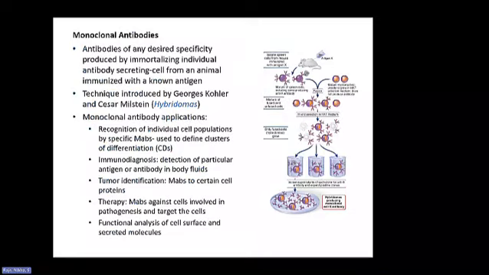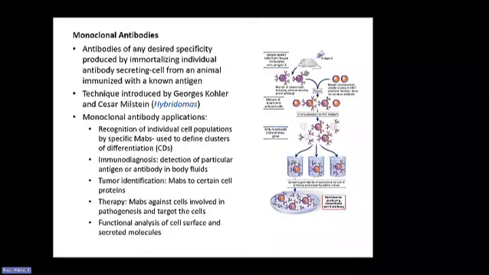Another important concept to understand is monoclonal antibodies. So antibodies of identical structure and the same specificity are called monoclonal antibodies. How are these produced? So we knew that the antibodies coming from, say, a myeloma would be monoclonal because they have the same identical specificity.